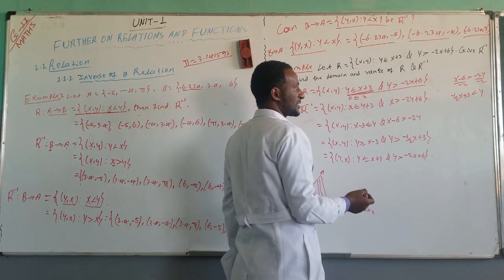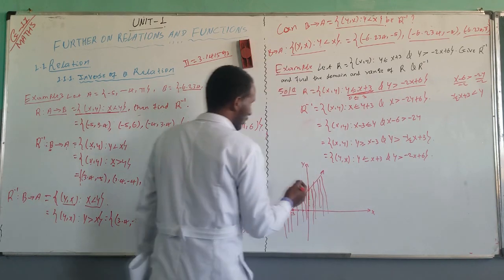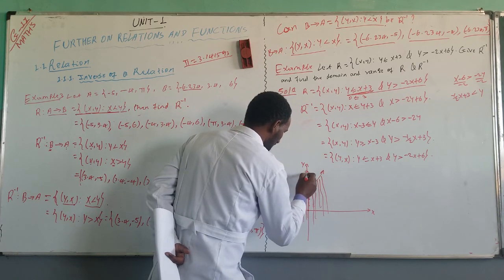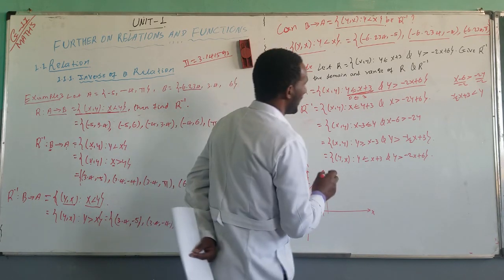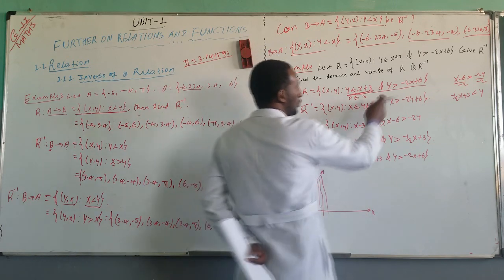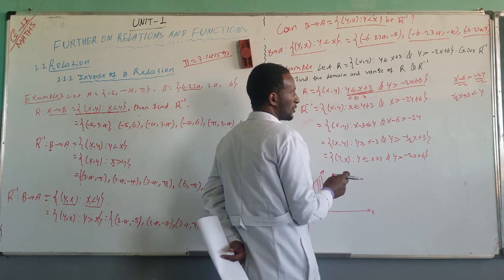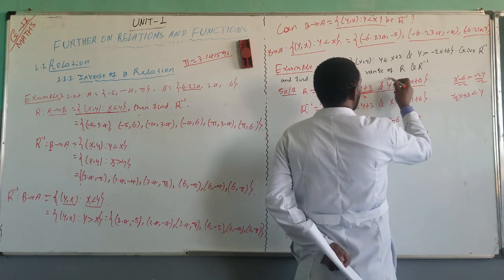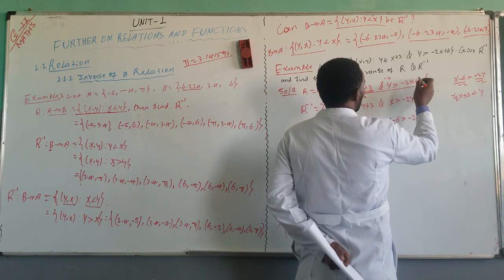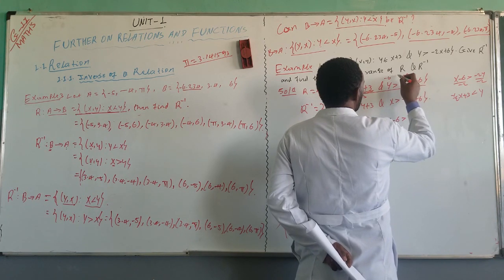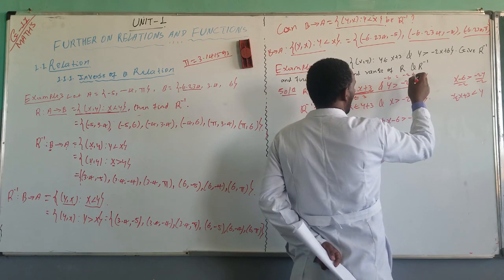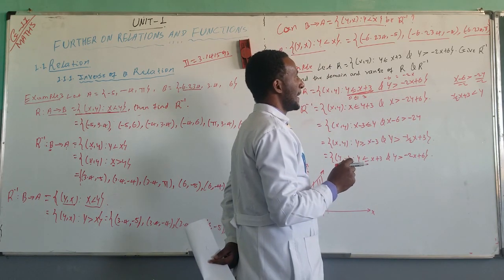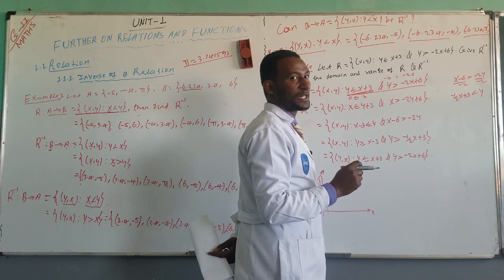We have to put 0 in the place of x, then it becomes positive 6. Positive 6 means 4, 5, 6 here. Then when we find the x-intercept, we have to put 0 in the place of y: 0 is equal to minus 2x plus 6, then it becomes minus 6 equals minus 2x, then dividing both sides by minus 2, it becomes positive 3.